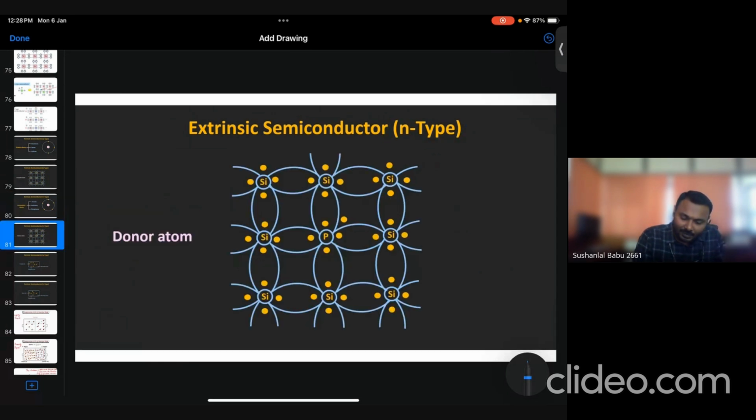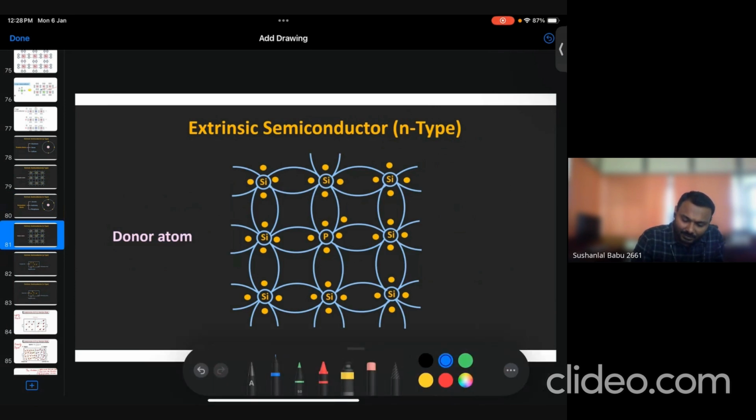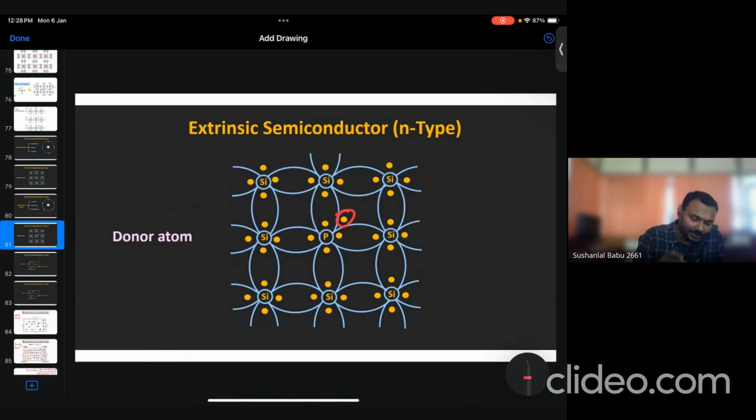See, pentavalent means excess, you can see the excess electron here, the majority charge carrier. So this excess electron, this atom is ready to donate that electron. So it is called a donor atom also. That phosphorus is a donor atom there.